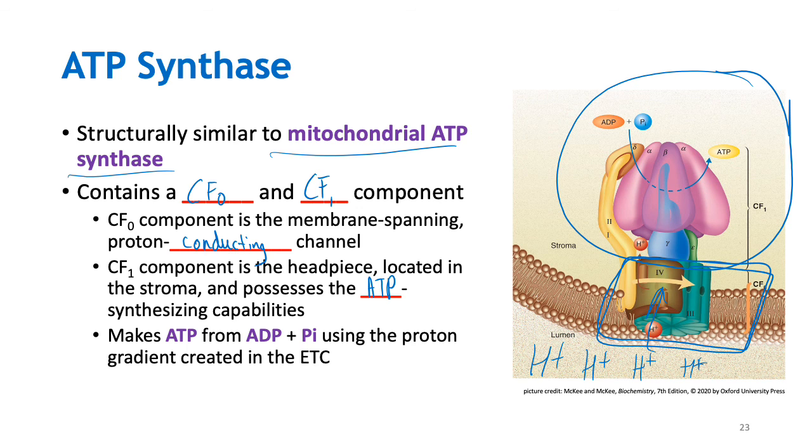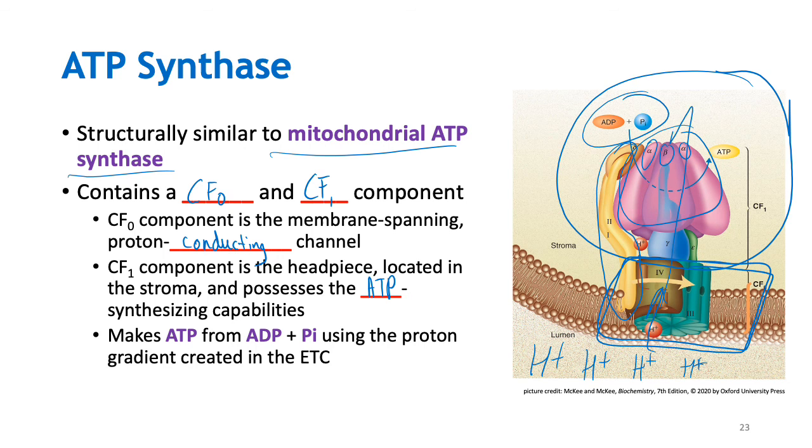So pretty much ADP, adenosine diphosphate, plus an inorganic phosphate, Pi, go into ATP. And notice that you have this spinning shaft. You still have alpha and beta units, alpha, beta, alpha, beta, alpha, beta. And you have this stator that is holding the whole piece together. So it has a lot of structural similarities. And what this does, it takes that proton gradient, uses it to its advantage, and makes ATP.